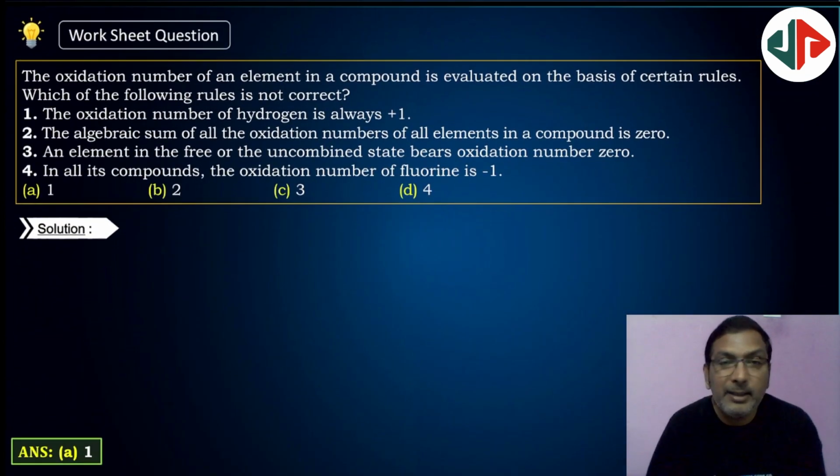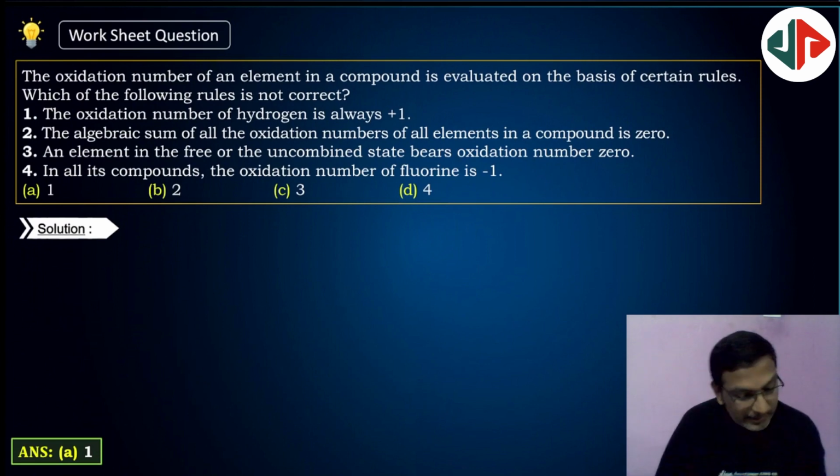Oxidation number of an element in a compound is evaluated on the basis of certain rules. Which rule is not correct? They are asking, not correct. So, oxidation state of hydrogen is always plus 1 is given.